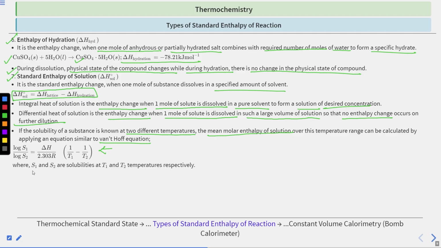Okay, and here S1 and S2 are solubilities and T1 and T2 are temperatures respectively. So we can use this equation if we know the solubility of a substance at two different temperatures T1 and T2. So the mean molar enthalpy of solution we can calculate, that is delta H over the range of the given temperature using this equation.